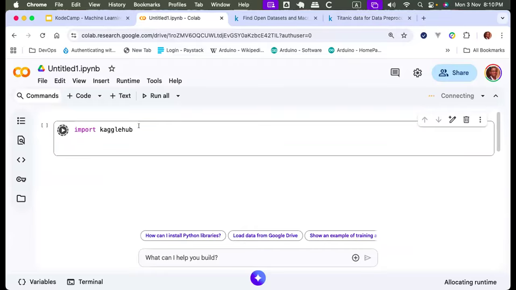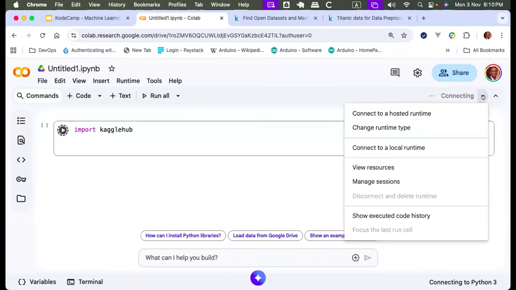Okay. I'm just running this. It's trying to connect to an instance of compute, right? So that it will run. So it's looking for a runtime, basically.